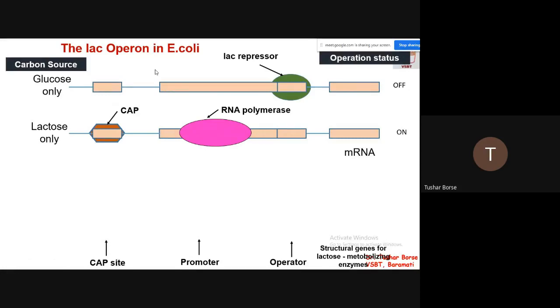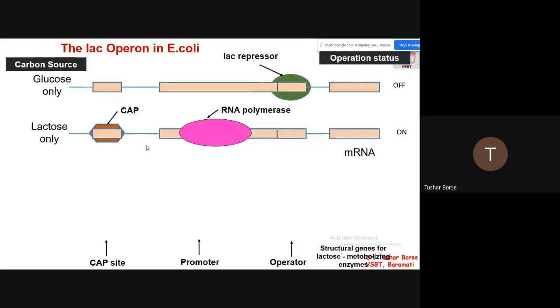However, if you allow this organism to grow in a medium containing lactose, in that condition we see that a specific set of genes is expressed in the presence of lactose. When those genes are expressed, only then can the lactose be utilized.